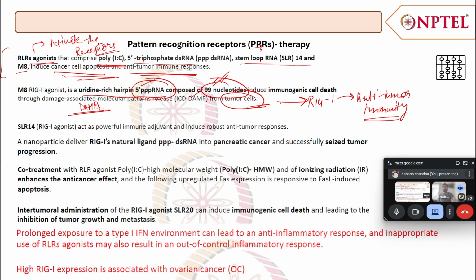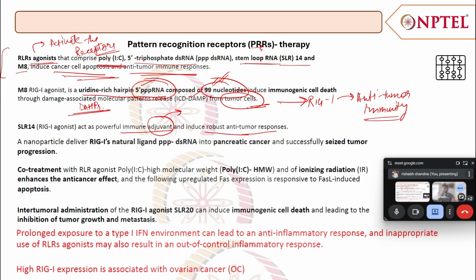Then we have another, SLR14, that is stem loop RNA 14. This acts as a powerful immune adjuvant and induces a robust anti-tumor response. So adjuvants are basically those molecules that can increase the immune response.